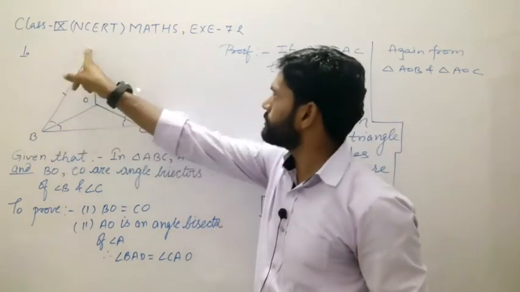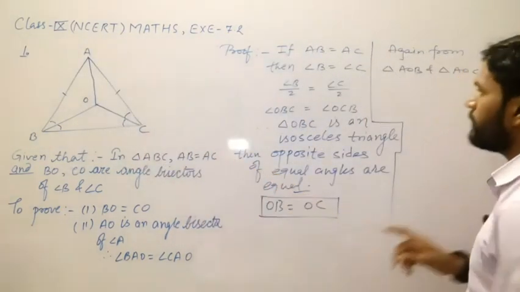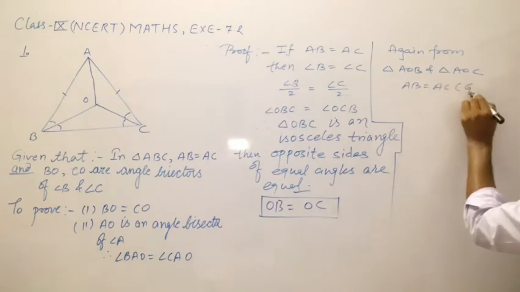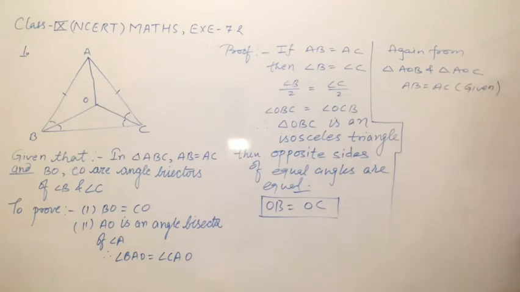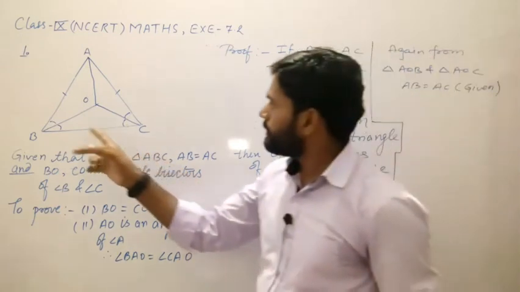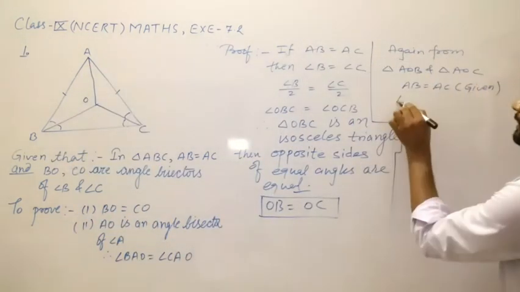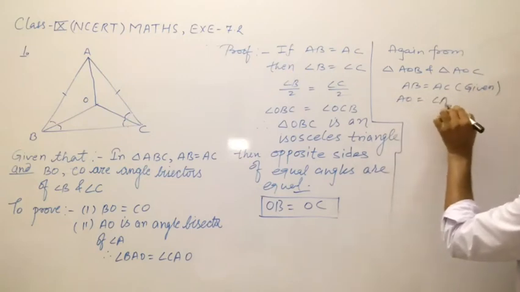AB is equals to AC. Clear? AB is equals to AC, it is given thing. Second thing, AO is equals to AO, which is common.